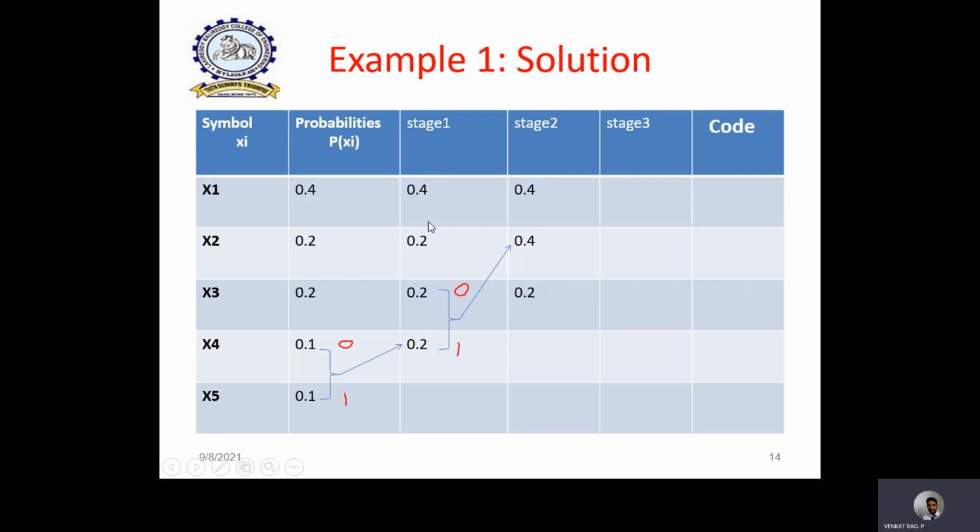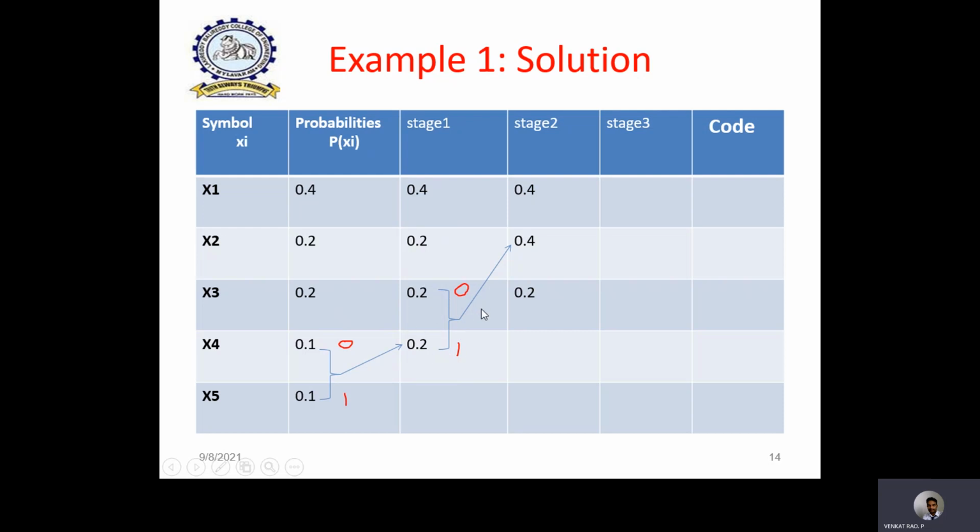So this is in the next stage. Again identify the two symbols with least probabilities. So out of these four, these two are the symbols with least probabilities. So assign 0 and 1 to these two symbols as we did here, and add these two probabilities, that is 0.4. Since if you add these two, the sum will be 0.4.